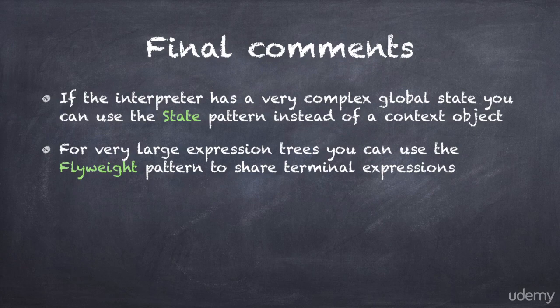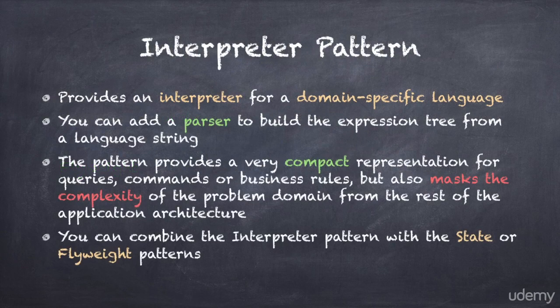Okay, so here is a summary of what we have learned. The interpreter pattern provides an interpreter for a domain-specific language. You can add a parser to build the expression tree from a language string.